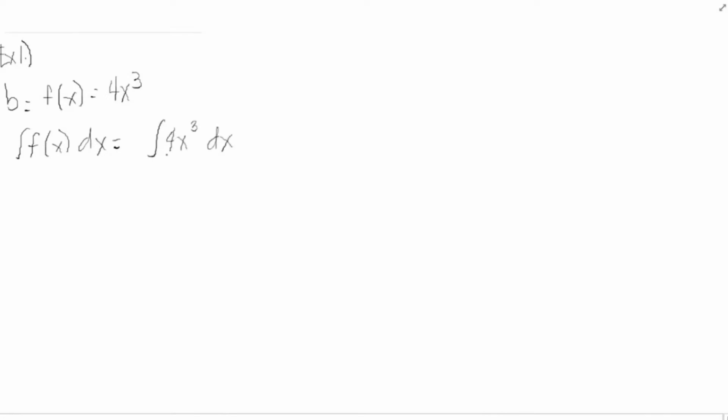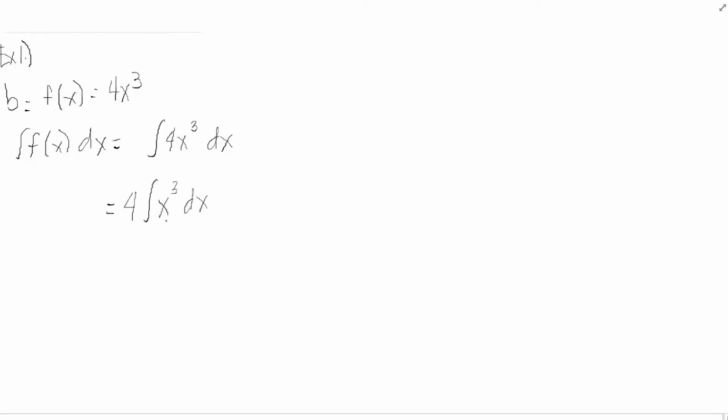Okay? Now, ang gagawin natin is ilabas si 4. I-isolate natin siya. And then, i-integrate natin yung function natin with respect to x. Okay, so this is equal to, labas natin si 4, and then, the integral of x cubed dx.